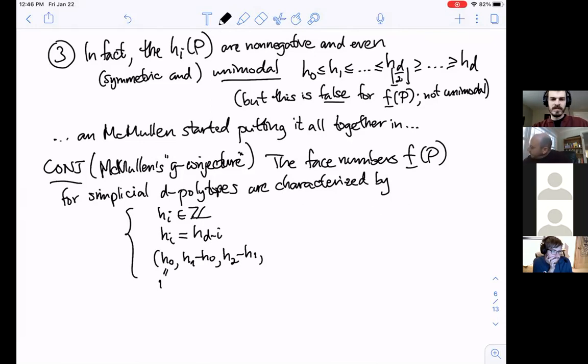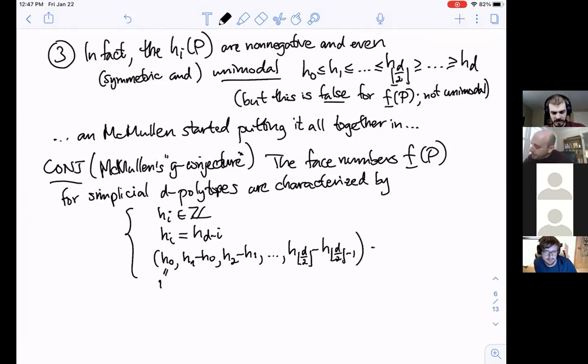Then h_1 minus h_0, h_2 minus h_1, h_3 minus h_2. Remember, he thought these things were unimodal. People were starting to conjecture this. And so these should be non-negative integers. We only need to go up to the halfway point because then they start to repeat on the way back down.